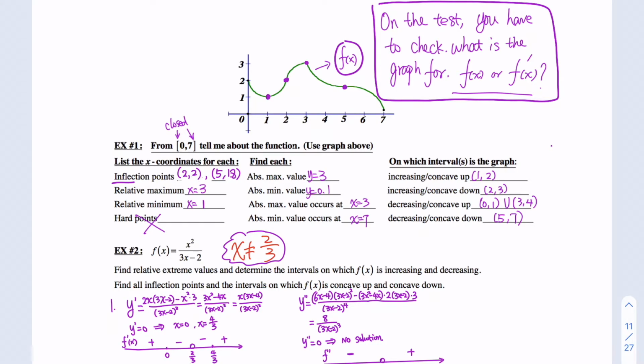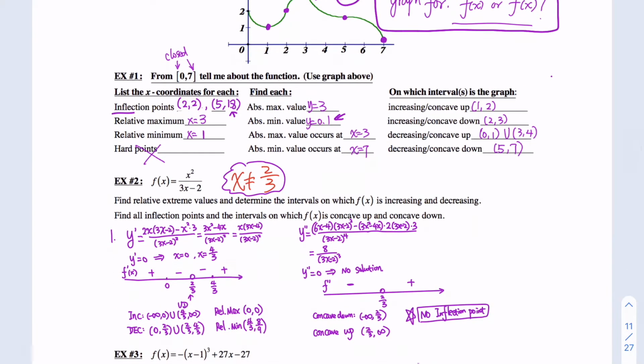X equals 1 is a minimum value, which is a local or relative minimum. Because the interval is closed, we do have an absolute max and absolute min. So the absolute max is at 3 and the absolute minimum is at 7. The 1.8 or 0.1 is just an approximation.